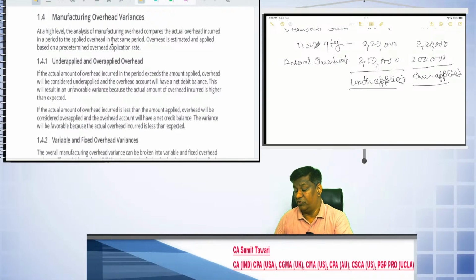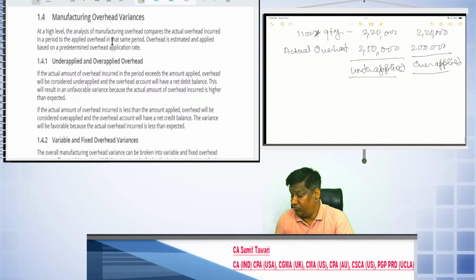I produced the standard quantity 1100, and I charge the standard rate production overhead to the produced quantity. But my actual expenses are less or higher. If it is less, then it is an over application because I charged more cost to the production. And if it is higher, then it is an under application.